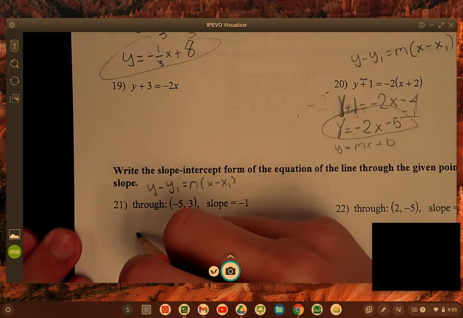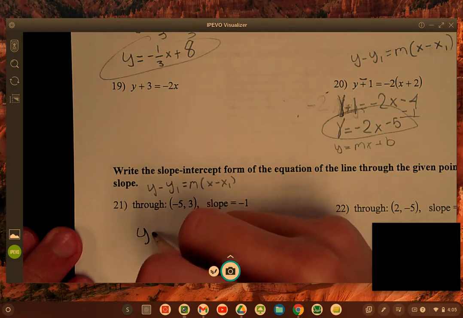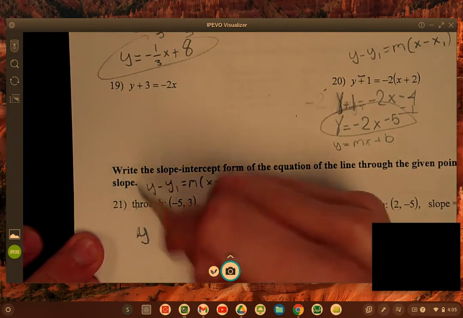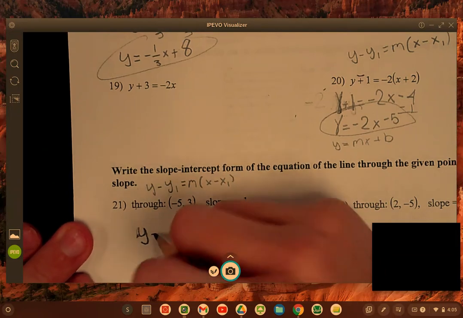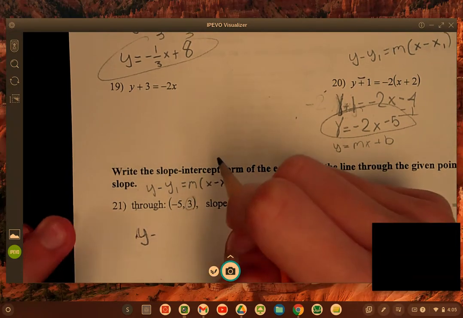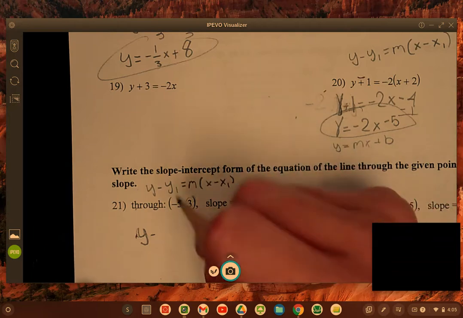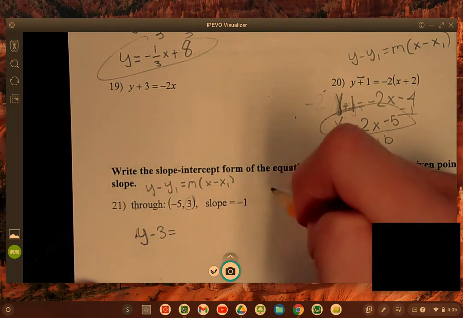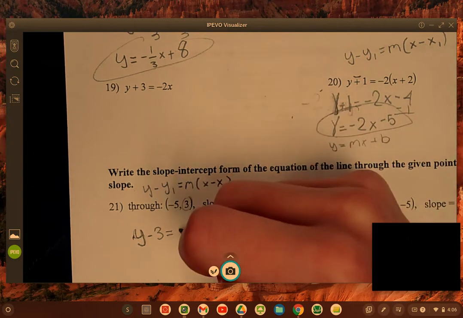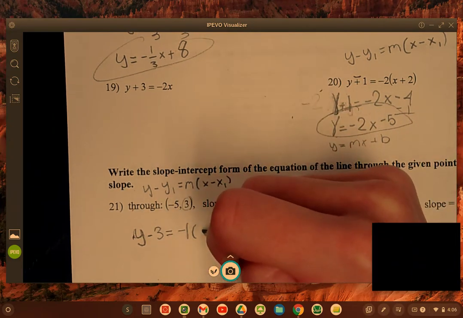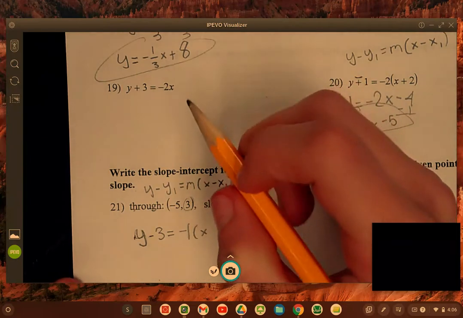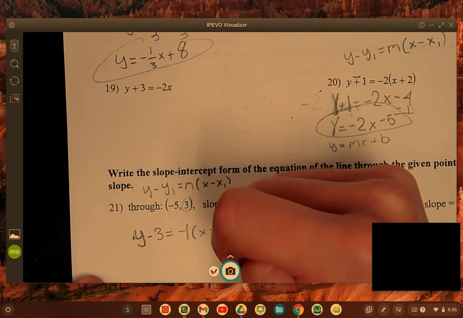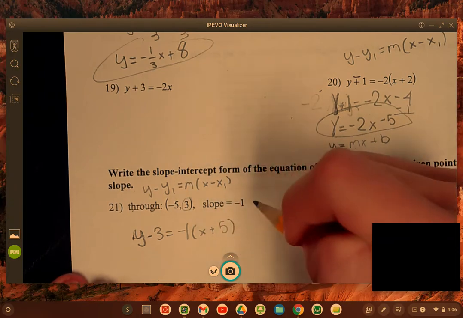So we keep the y as it is. Y minus, so 3 is our y and it's positive, so it'd be -3 equals, and our slope is -1 parenthesis x, and then our x is negative, which will make it plus, because minus and negative is a plus.